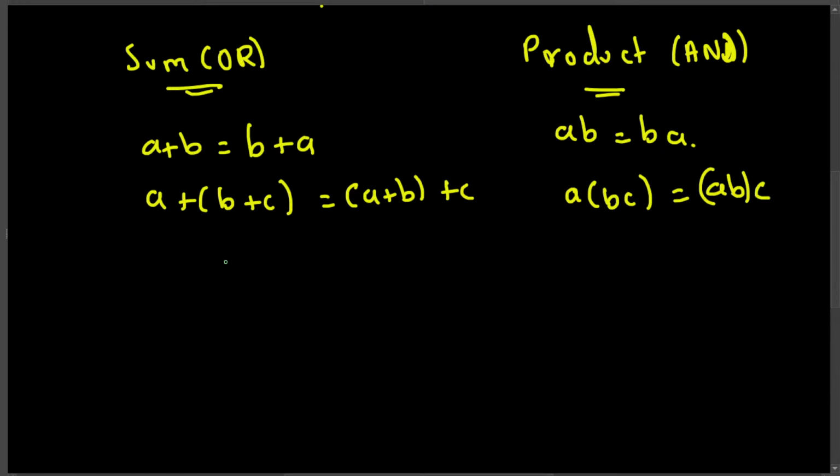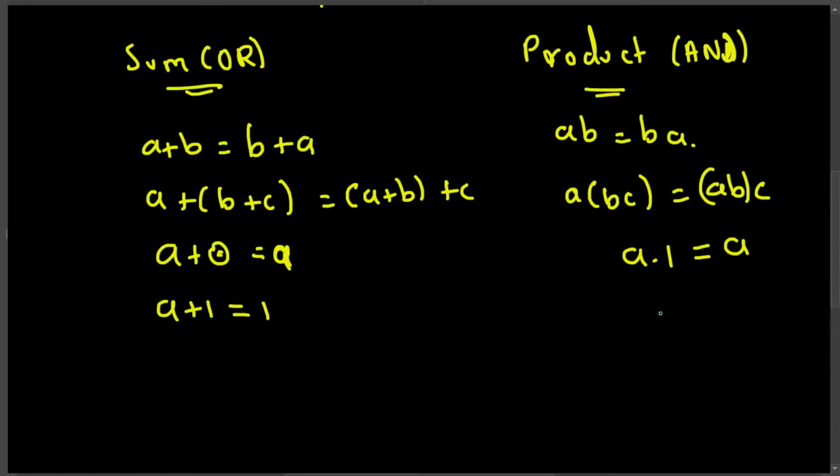And then if we have A plus 0 in the sum, that's still going to give us A. And if we have A times 1, that gives us A. And in the sum rule, if you have A plus 1, that is always 1.